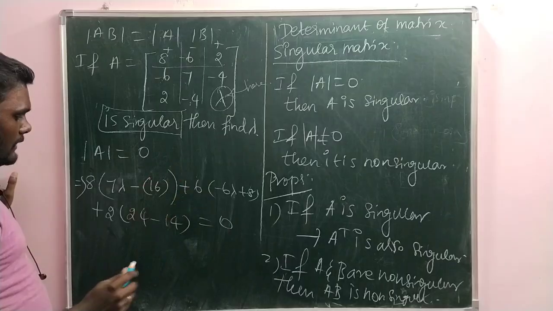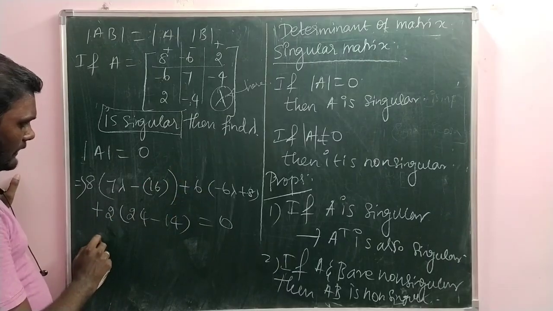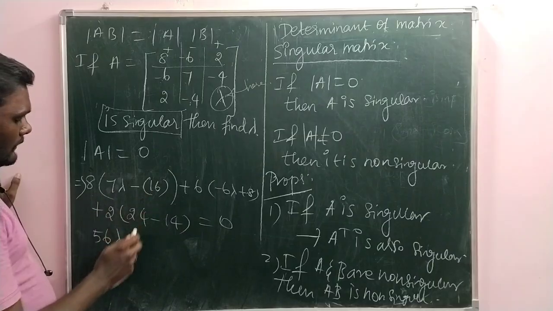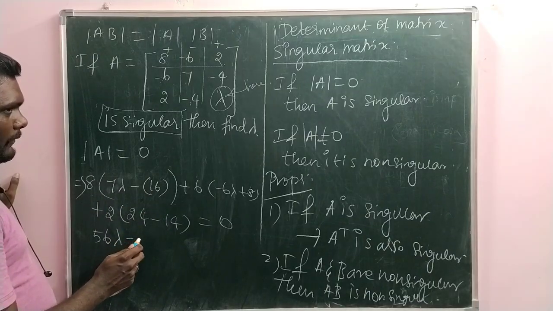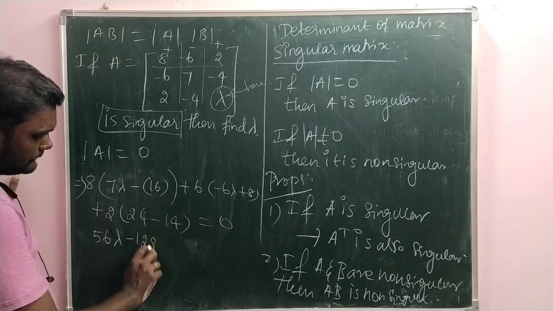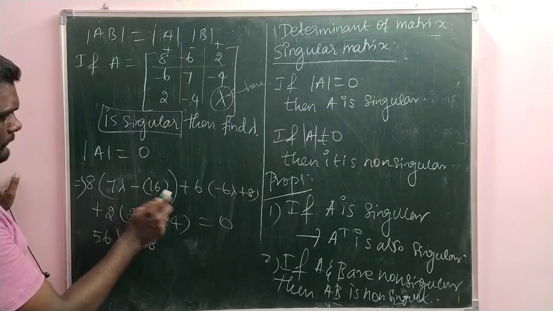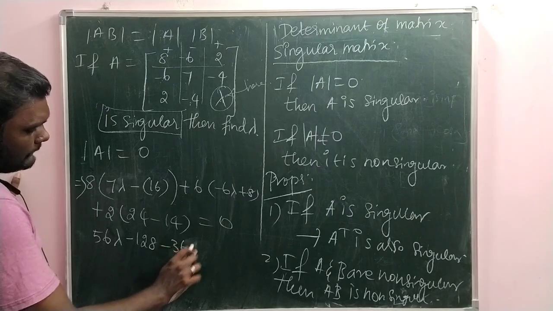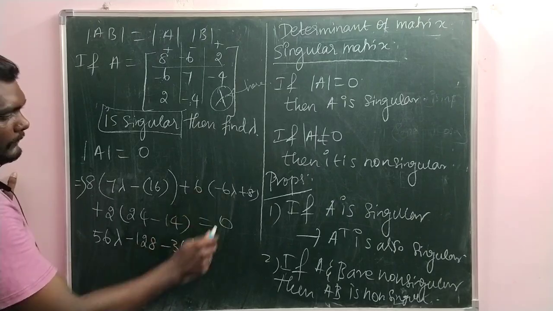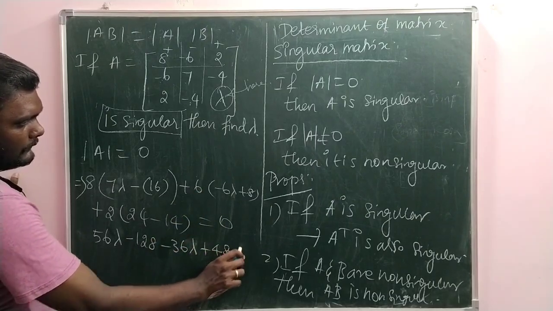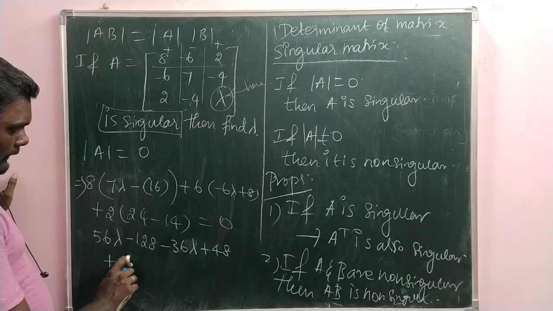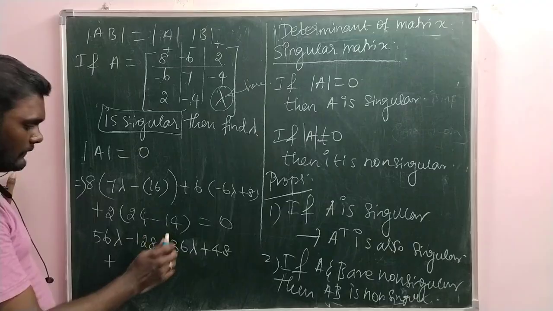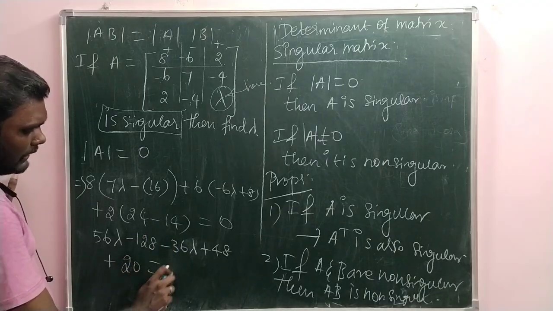Okay, already we know it is 0. So this is 8 7s are 56 lambda minus, this is 80 plus 48 is 128. Okay, and plus 6 6s are 36 minus 36 lambda plus 24 minus 14, which is 10 plus 20 equal to 0.